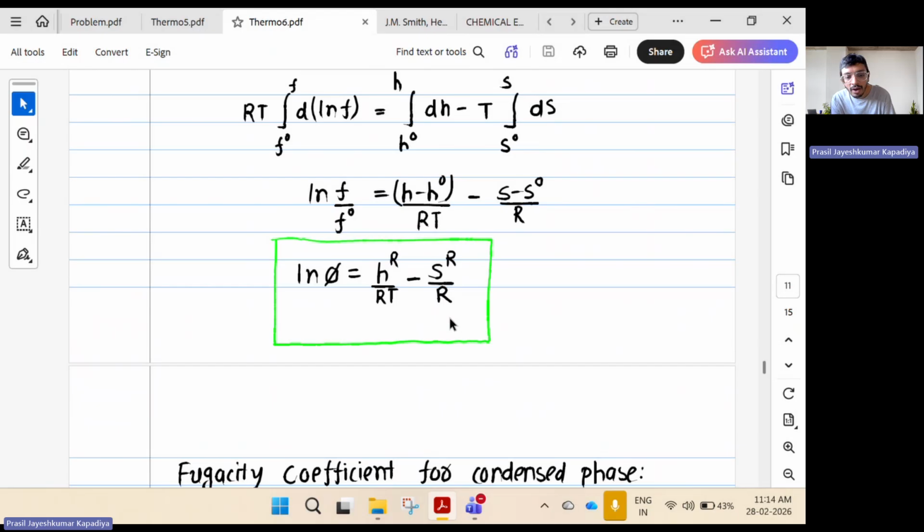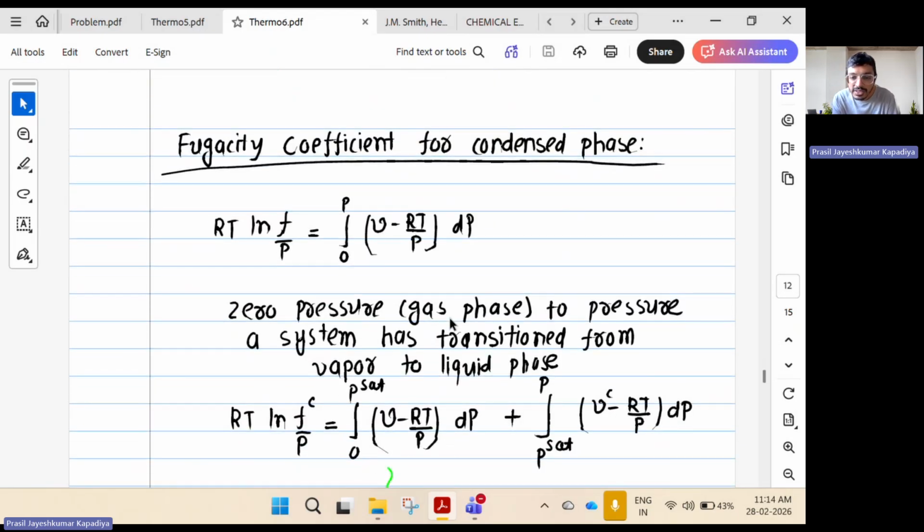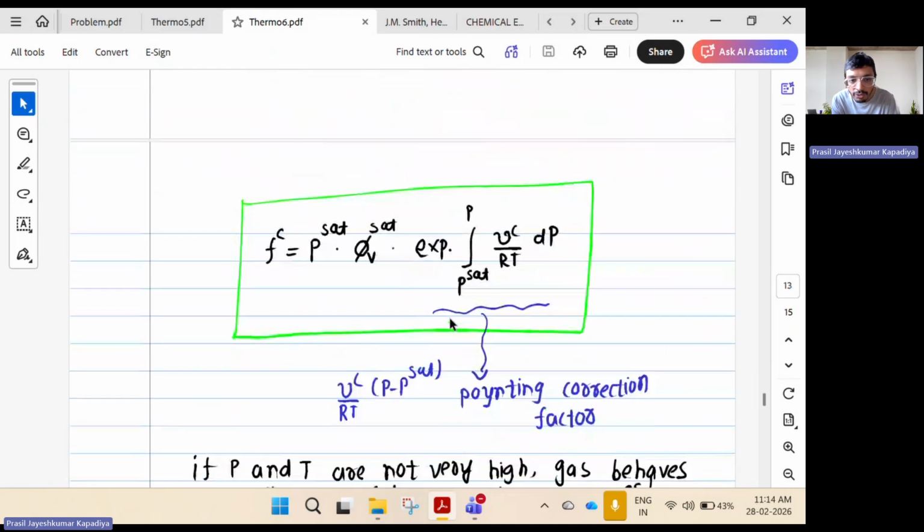Okay, now when we are dealing with just the condensed phase, we found this particular equation: fugacity of the condensed phase is equal to P sat into phi sat times exponent of the integral from P sat to P of Vc by RT dP.